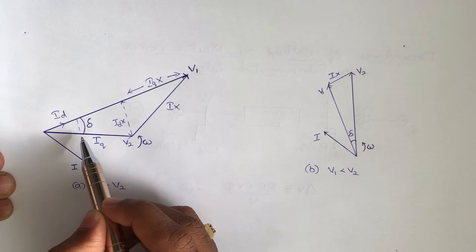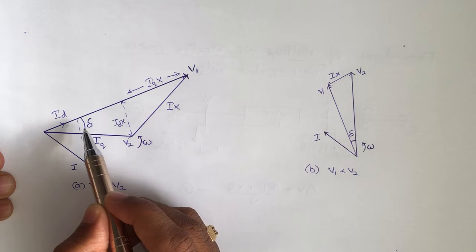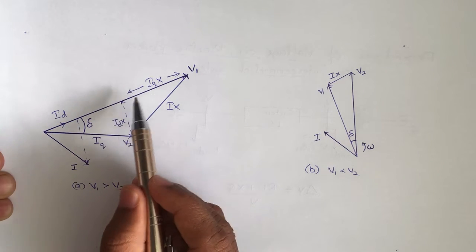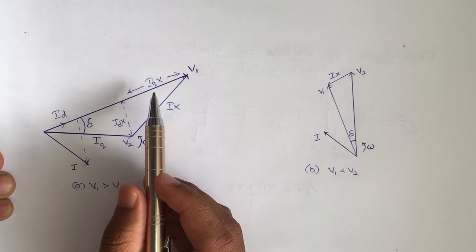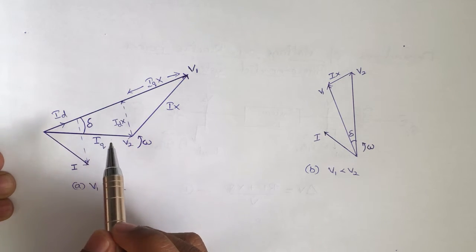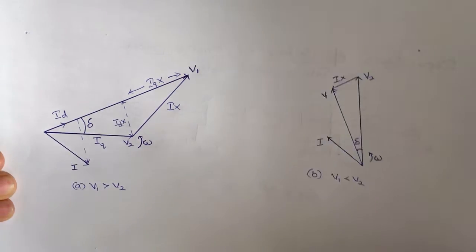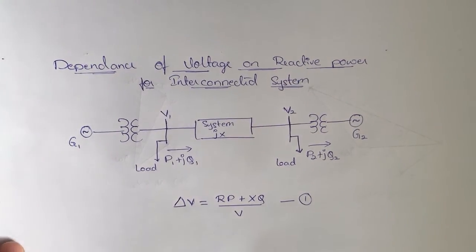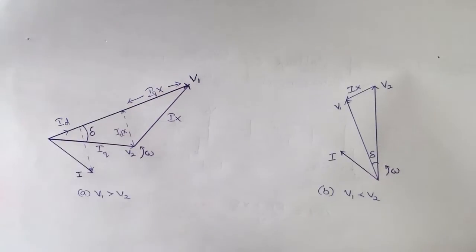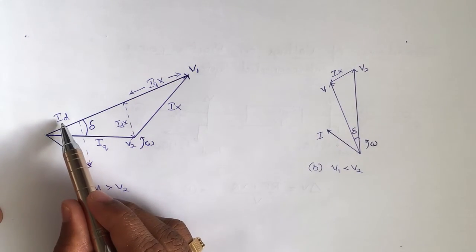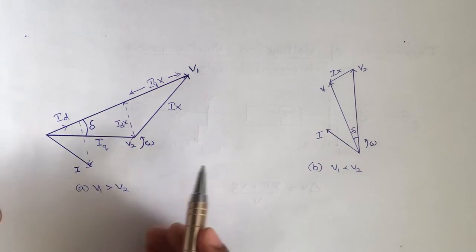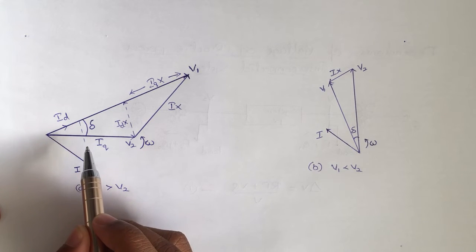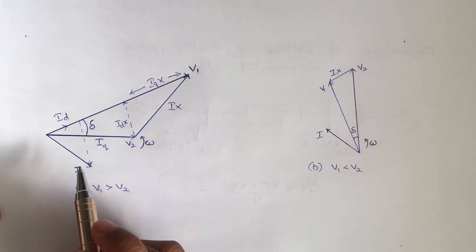Here you can see the angle subtended is delta, and it is in phase with the voltage V. The active power P depends on ID, hence it is dependent on the angle subtended delta. You can mark that down.